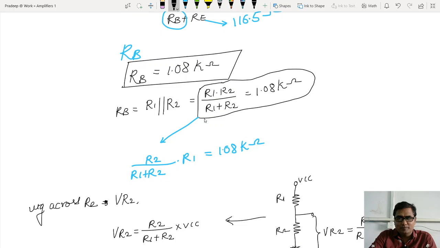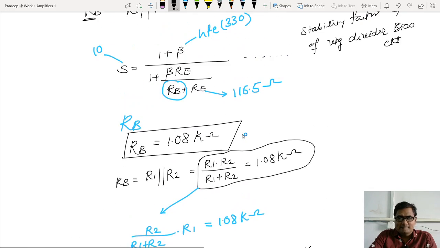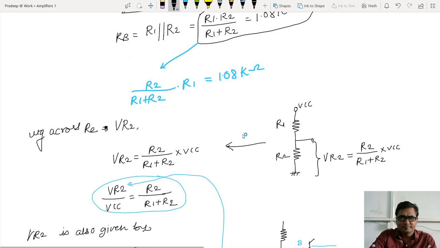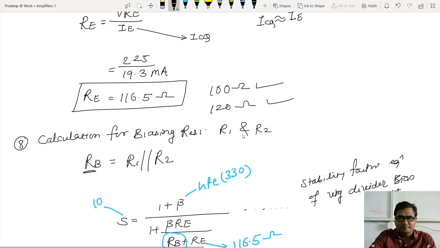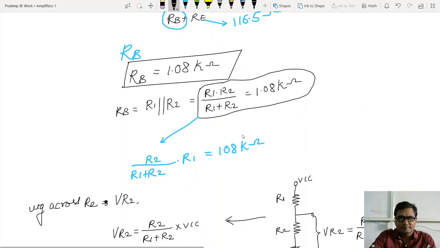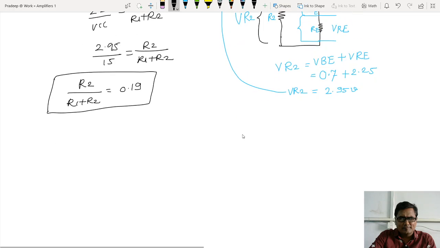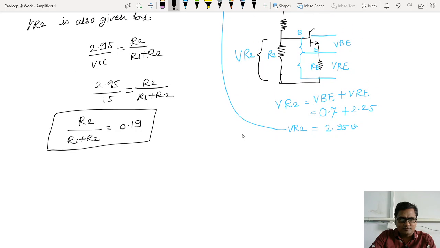Let me write the equation instead of copying it.